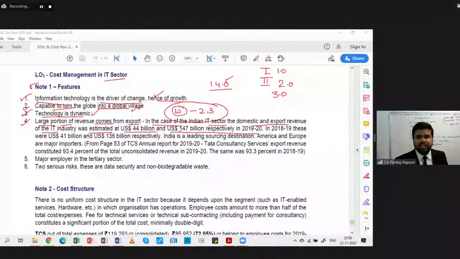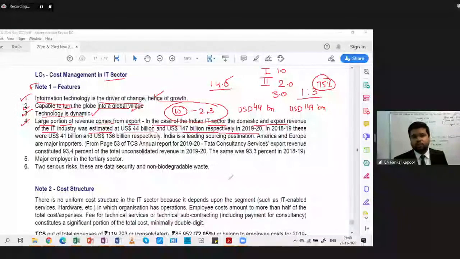You can see that domestic revenue is $44 billion, whereas the revenue from export of IT services and IT products is $147 billion. It means in ratio it is 1:3, or 75% of the revenue comes from export. Our IT sector largely depends upon the rest of the world.